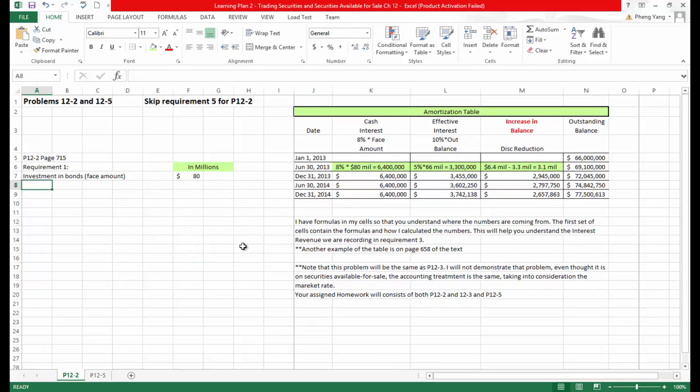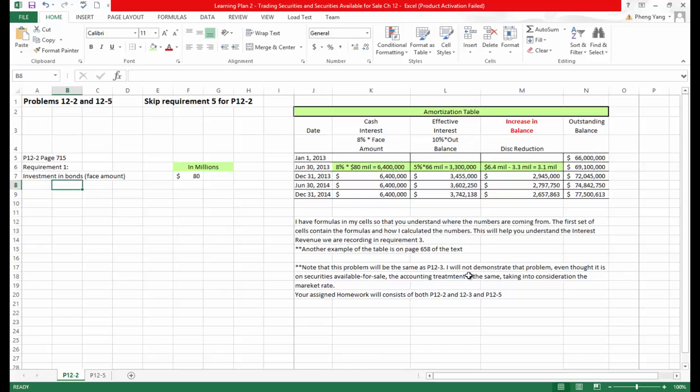I'm showing you it this way because in problem 12-1, I wrote out the whole number instead of saying in millions. So I'm going to do 8.1 or 6.4 and so on, so that you can tell what Connect is expecting of you when you do the homework. You'll know what's expected once you do the practice problems, and the same goes for your graded homework. It's going to be exactly the same as that. So hopefully this will help.